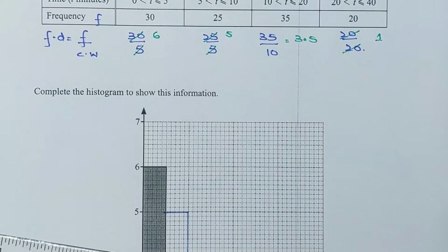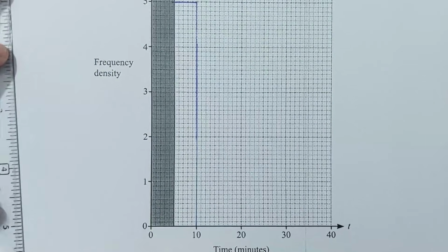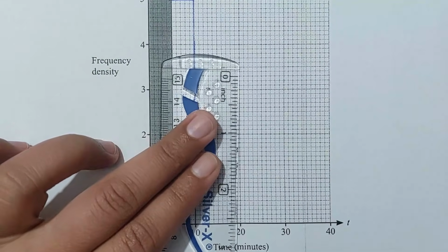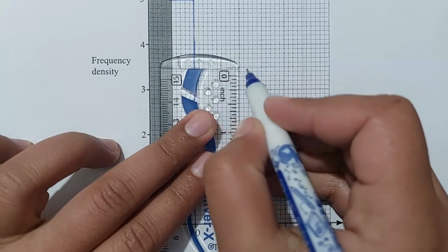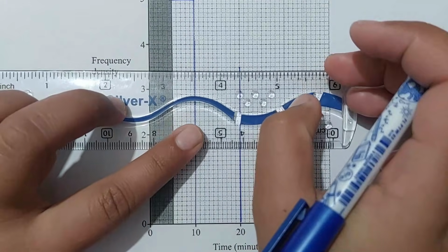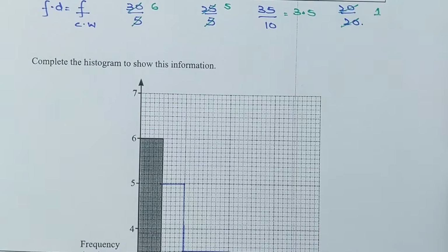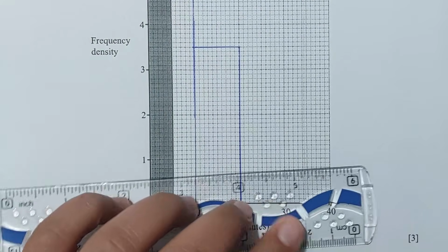Okay, now 10 to 20 is 3.5. Now we have 3.5. Okay, now 20 to 40, we have just 1. 20 to 40 is just 1.